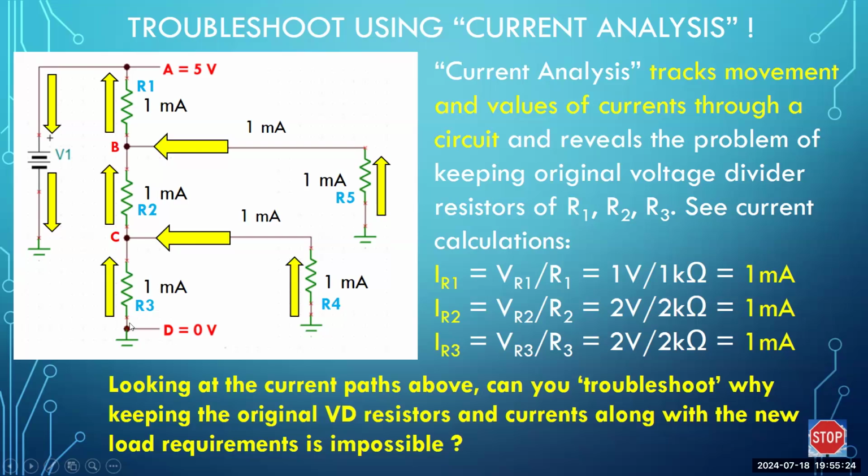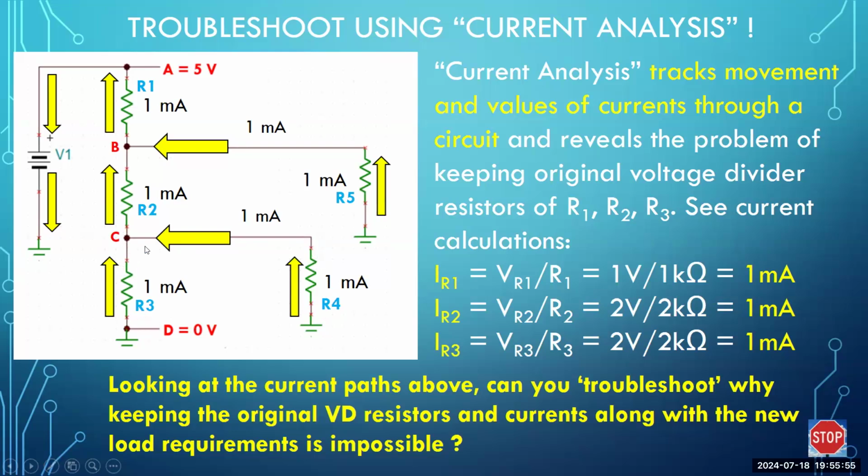So as we have currents flowing up through R3, 1 milliamp, and a current flowing up through R4, 1 milliamp, where does this 1 milliamp going up through R4 go? Doesn't it make a left-hand turn? And doesn't this 1 milliamp from R4 and this 1 milliamp from R3, don't they combine at node C? If they combine, think about this now.